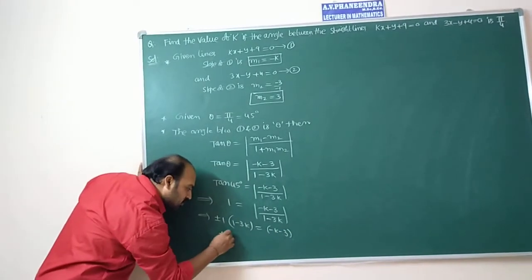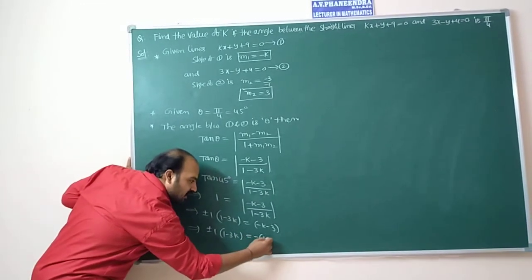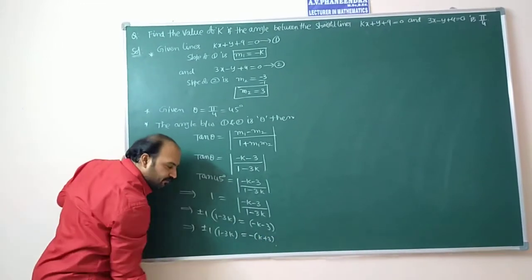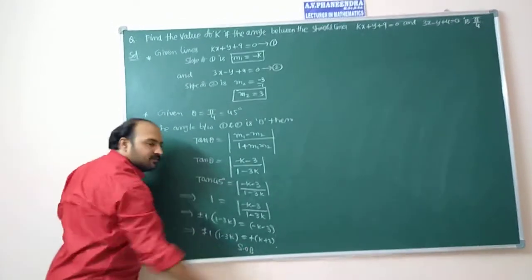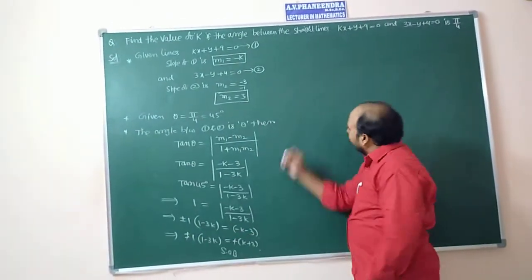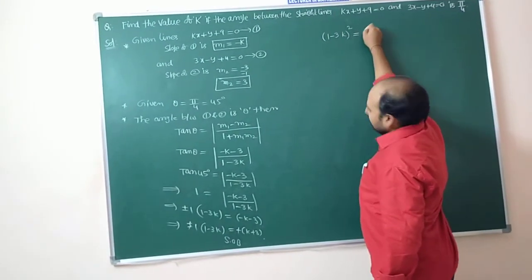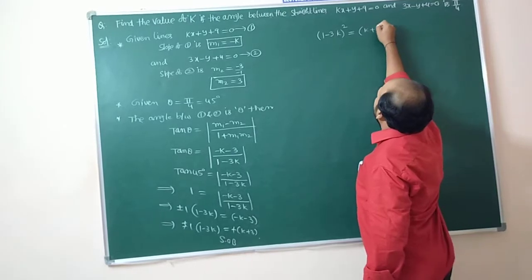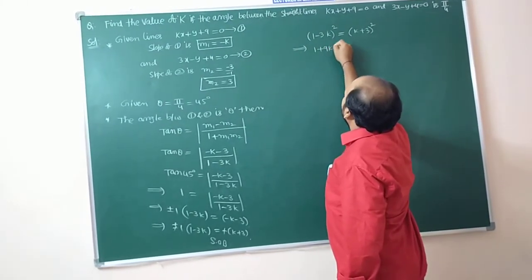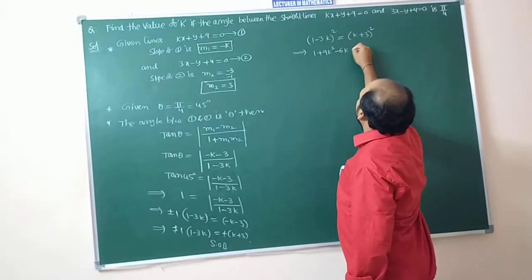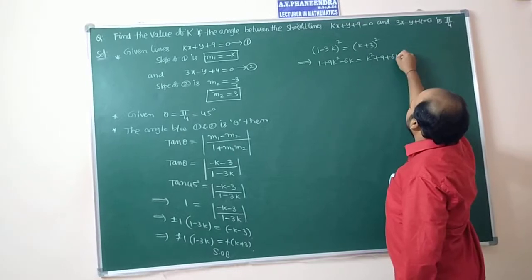We can write it as minus of k plus 3; here the minus gets cancelled. After that, squaring on both sides: 1 minus 3k whole square is equal to k plus 3 whole square. That implies 1 plus 9k square minus 6k is equal to k square plus 9 plus 6k.